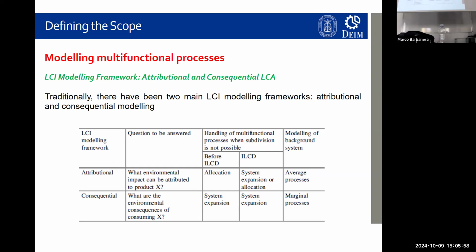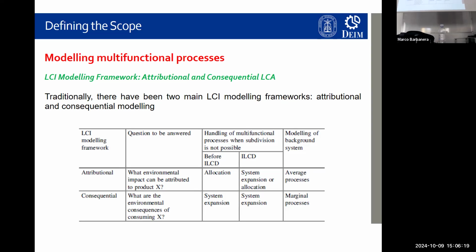It's very complicated to apply. If we want to understand the difference between the attributional LCA studies and the consequential LCA studies, which are the main differences?